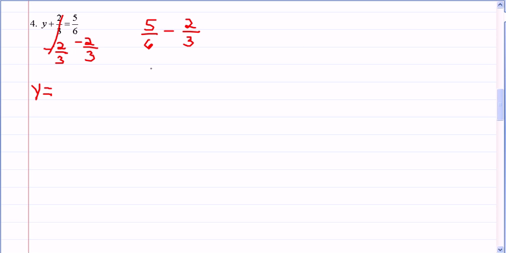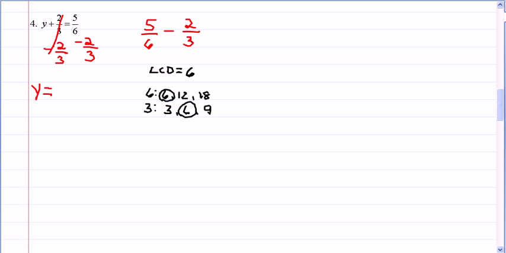To subtract these fractions, I have to find a least common denominator. So I list the multiples of 6 and the multiples of 3. And the smallest number that they have in common is 6. So the least common denominator is 6.